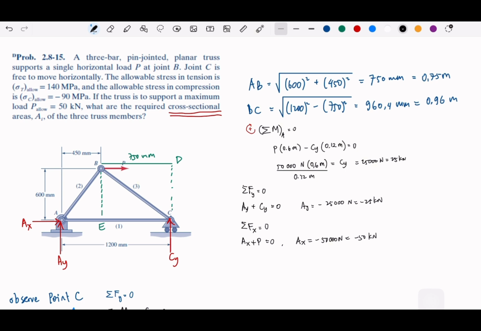Oh, wait. I did something wrong here. It's supposed to be not 0.12, right? This is 1.2. That's why I'm wrong. Okay, now I agree.